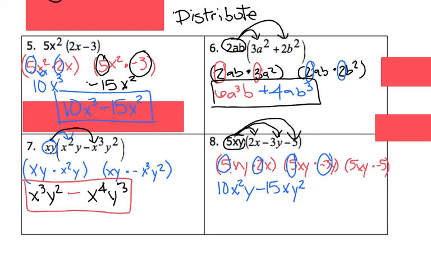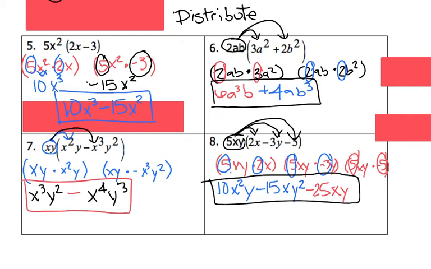I'm going to multiply the numbers first, so 5 times negative 5 is negative 25. And we have only 1x and 1 y, so we will write xy. None of those are going to combine because they're not alike. So this is going to be our answer.